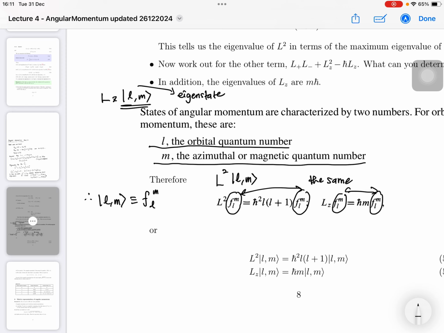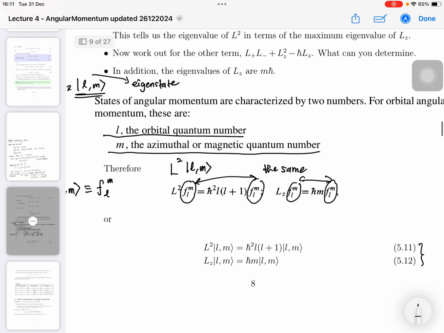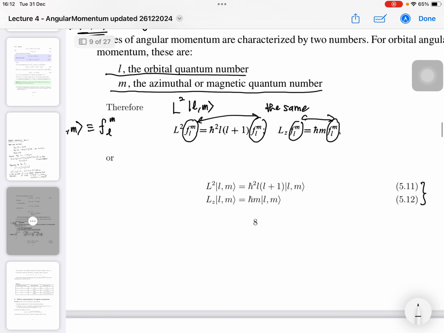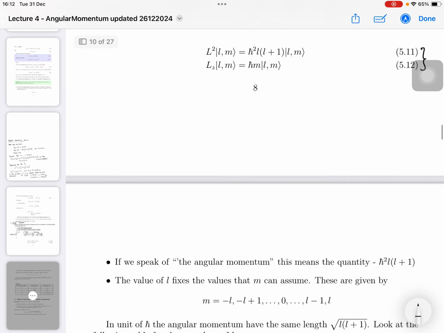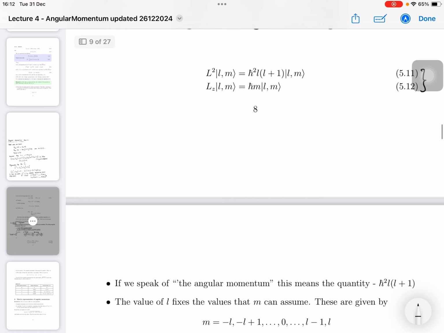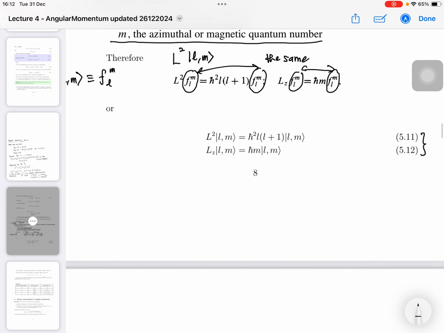Similarly, it is given by these two equations. But what does this mean? This means that l and m have some kind of relationship. Now look at your L squared: the eigenvalue always corresponds to l. If you have Lz, the eigenvalue always corresponds to m.